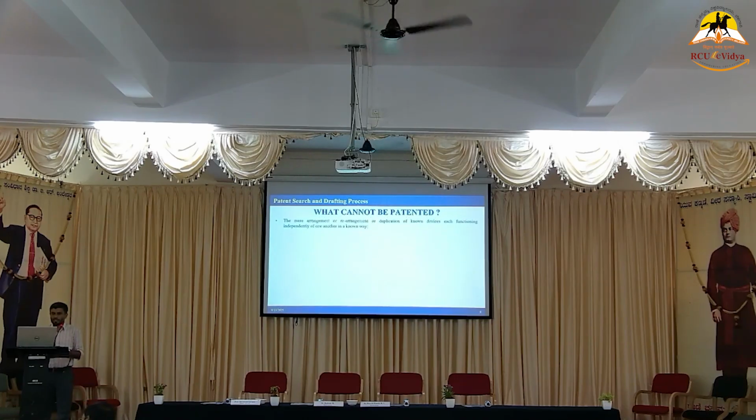A mere arrangement or rearrangement or duplication of known devices, each functioning independently of one another in a known way. What it says is, for example, the torch has already been invented, the watch has already been invented, and one more device, the mouse, already invented. So you are joining all three, but they are functioning independently.